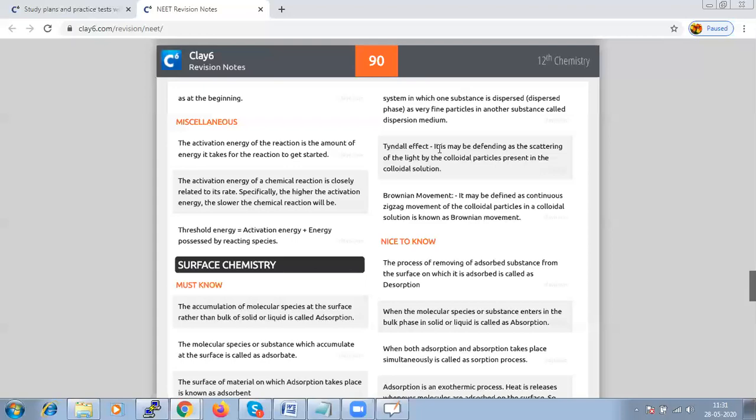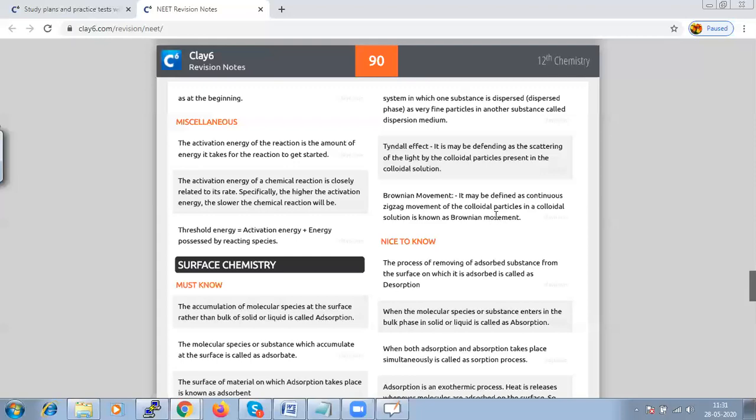And next one, what is Brownian movement? Brownian movement is the continuous zigzag movement of the colloidal particles in a colloidal solution, and this depends on the size of the particle and the viscosity of the colloid.